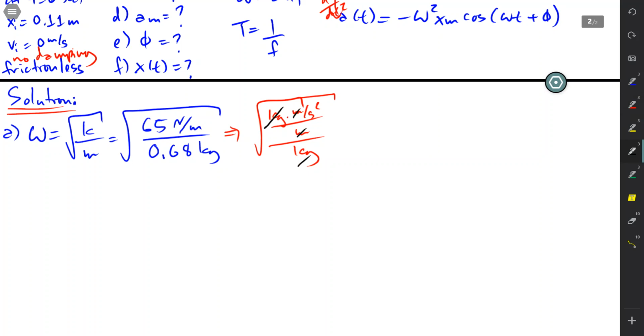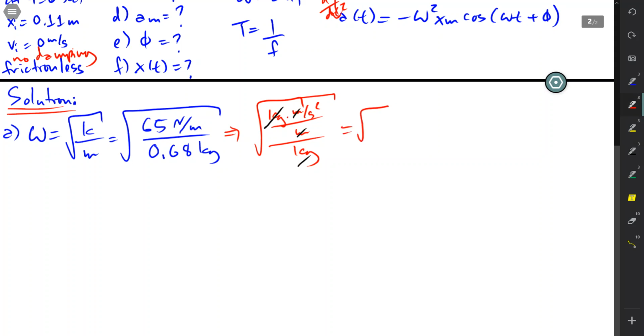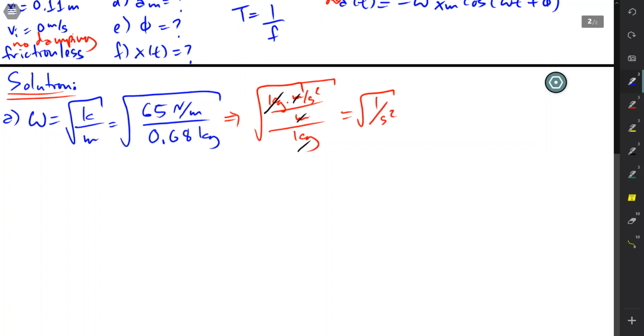What we have left is the square root of 1 over second squared. And you end up with a numerical answer of 9.78. When we take the square root of the units, that's 1 over seconds.